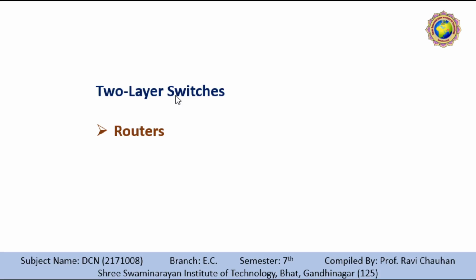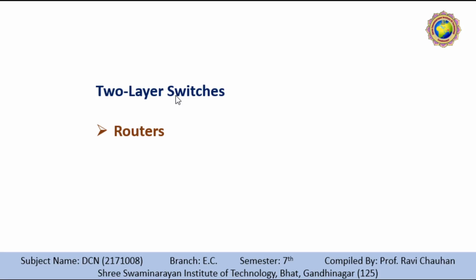When we use the term switch, we must be careful because a switch can mean two different things. We must clarify the term by adding the level at which the device operates. We can have a two-layer switch or a three-layer switch. A three-layer switch is used at the network layer, and it is a kind of router.